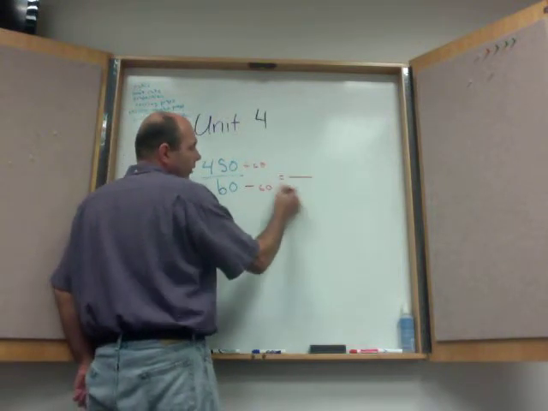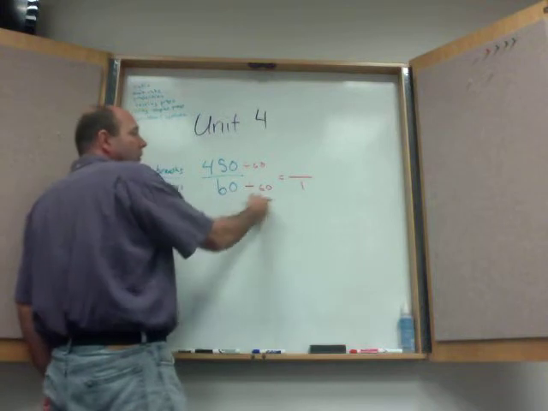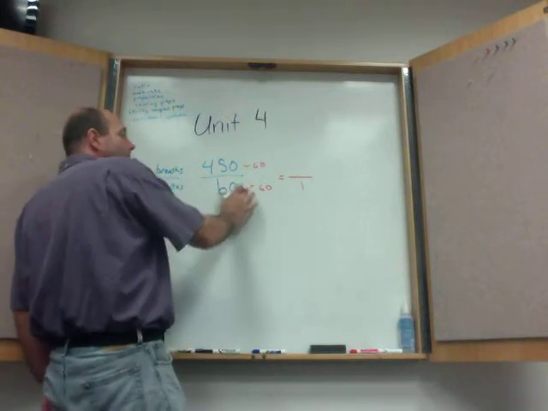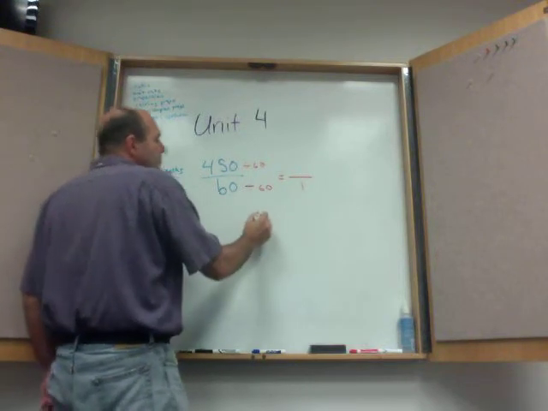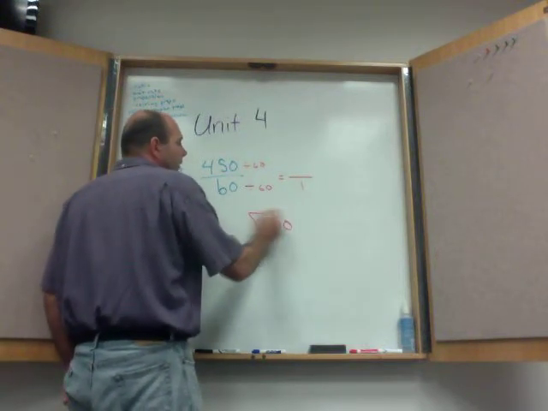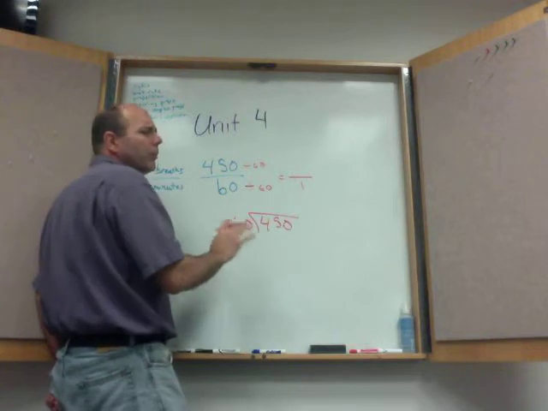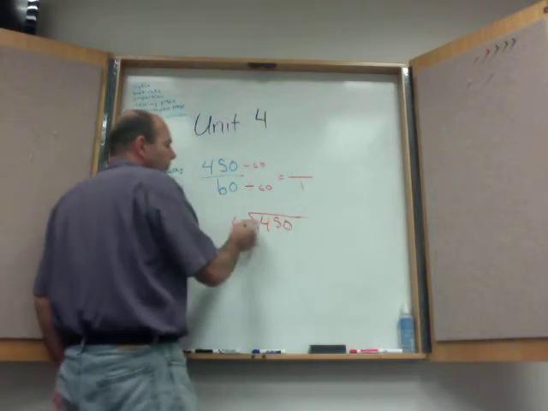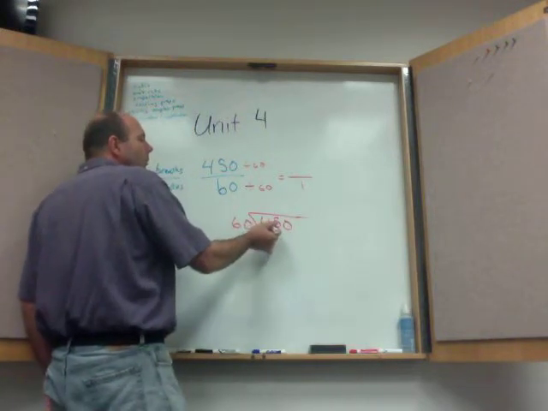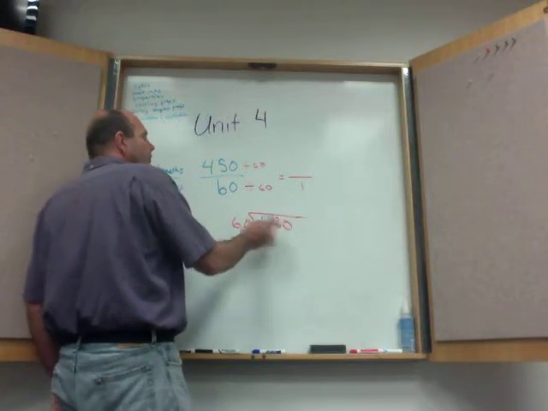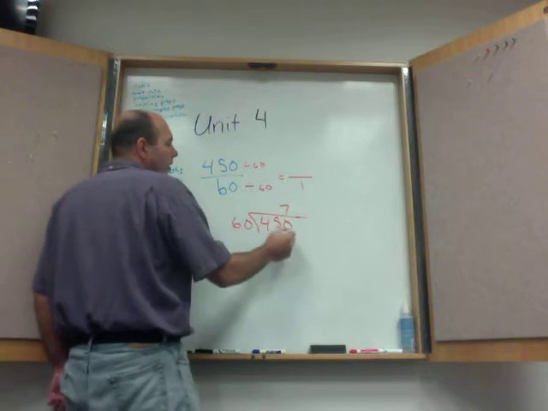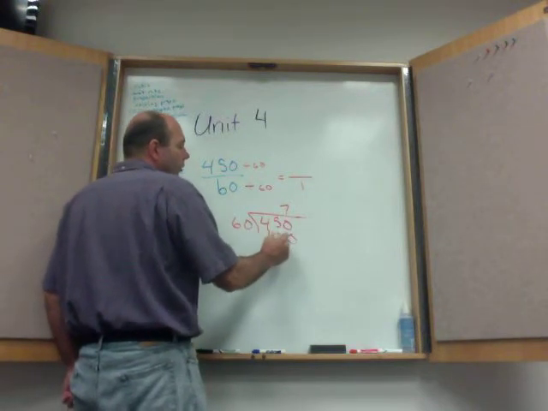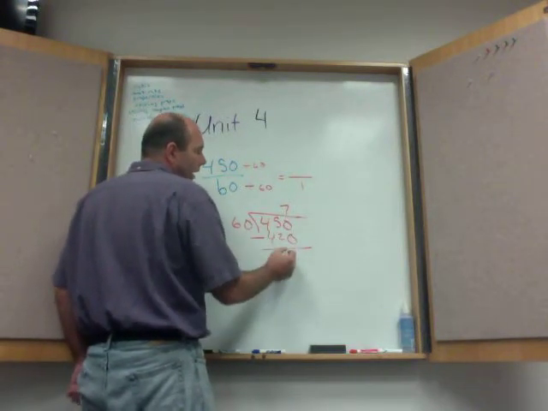I already know the answer on the bottom here. That's going to be 1, right? 60 divided by 60. That's the whole point of finding the unit rate, is to make that denominator into 1. Now I have 450 divided by 60. I've got a feeling this isn't going to be a real pretty number, but we'll go with it. 6 goes into 45 7 times, so let's try 7. 420, subtract off, I end up with 30.